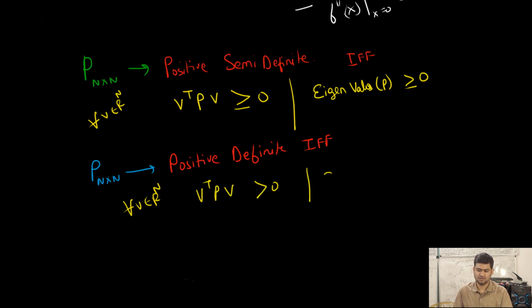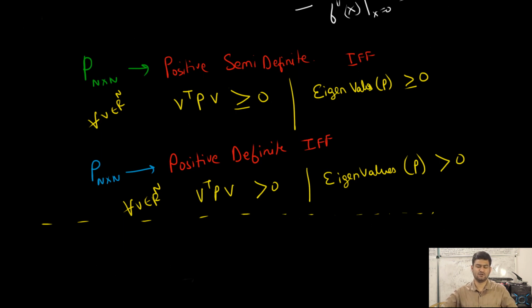In other words, all the eigenvalues of P are greater than 0. So that's it for the convexity. This is all we wanted to discuss in the convexity section.